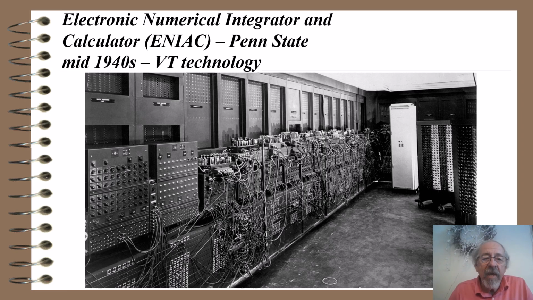This thing used 18,000 vacuum tubes. People calculated that it probably wouldn't operate more than about 8 minutes at a time before a vacuum tube would burn out. And it turns out that to fix that situation, they would burn in the vacuum tubes, that is, use them in some other application to make sure they didn't undergo failure when first turned on.